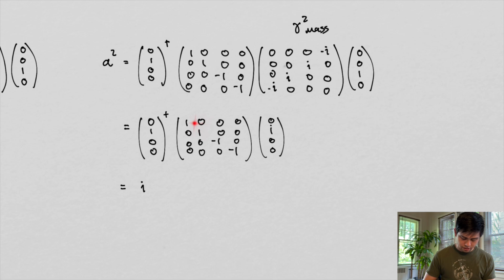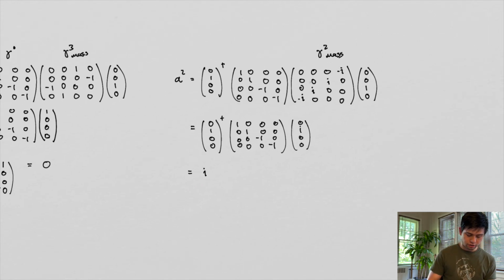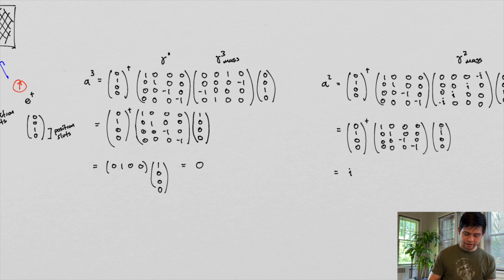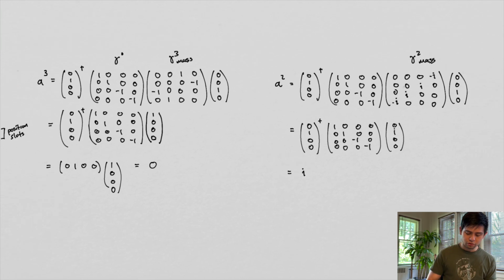And this guy here corresponds to this configuration. So I times 1 essentially is going to give us I. So our A3 and A2 look like 0 and I respectively. All right, and those are all the examples I'm going to do.